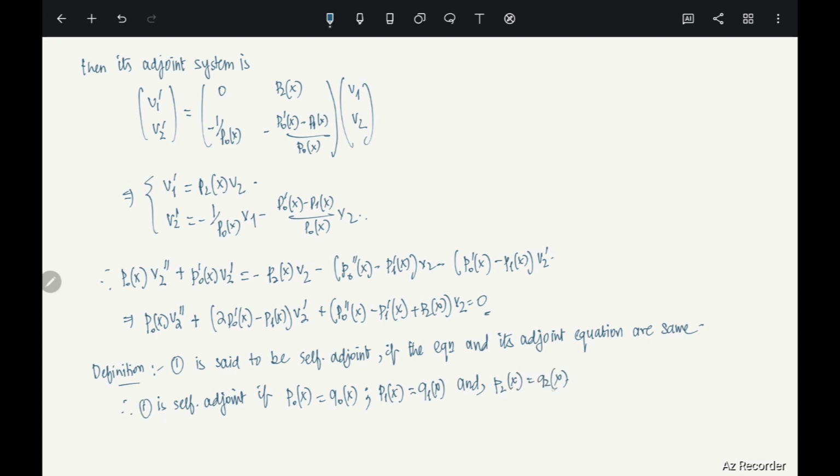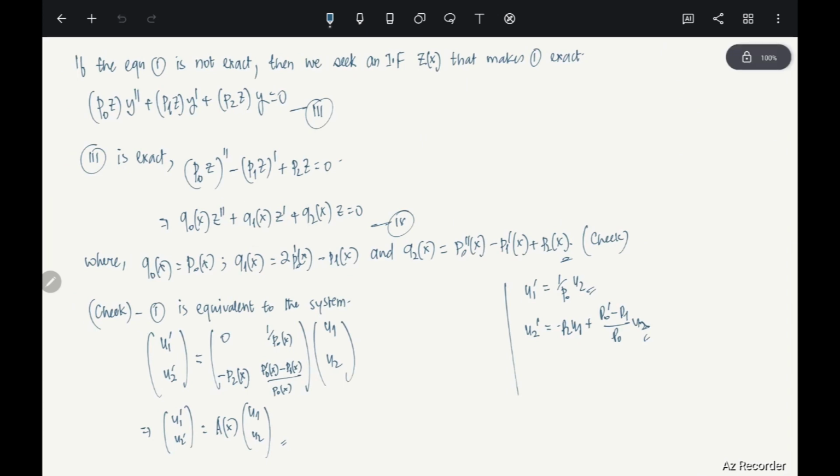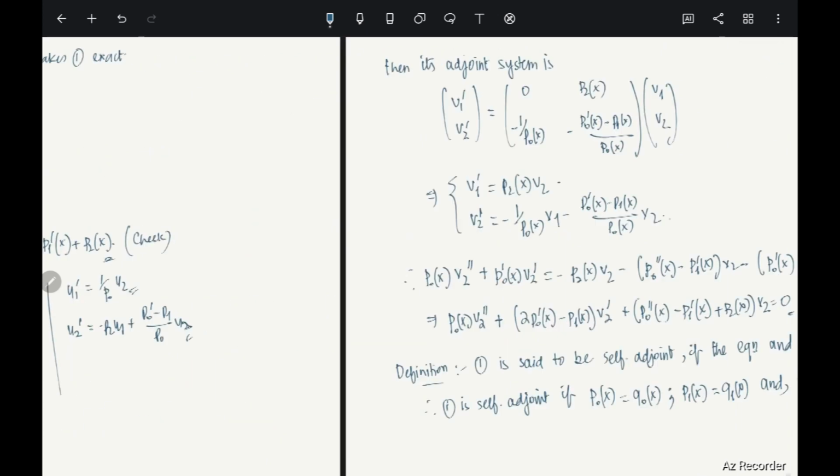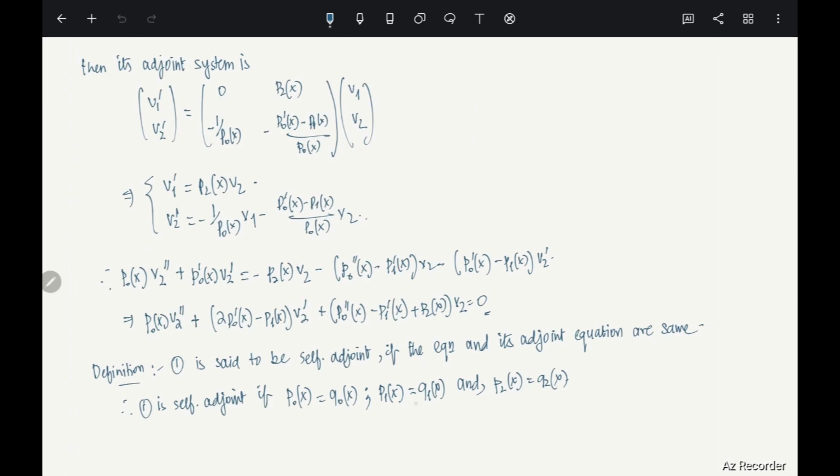Is this okay? This is the adjoint equation, and the original equation is this. So basically it is P naught is Q naught, P1 is Q1 and P2 is Q2. That has to be the case.